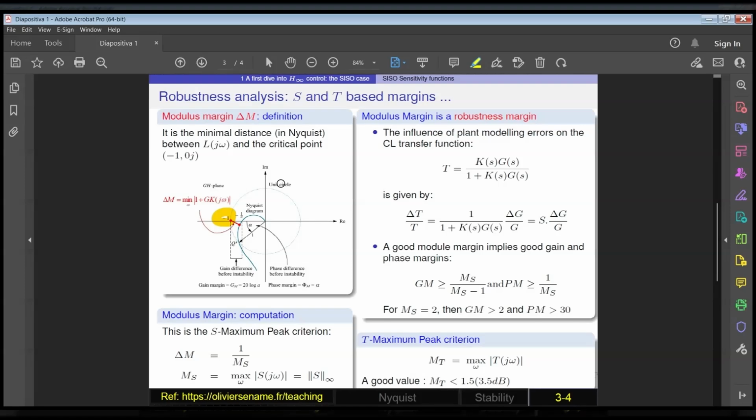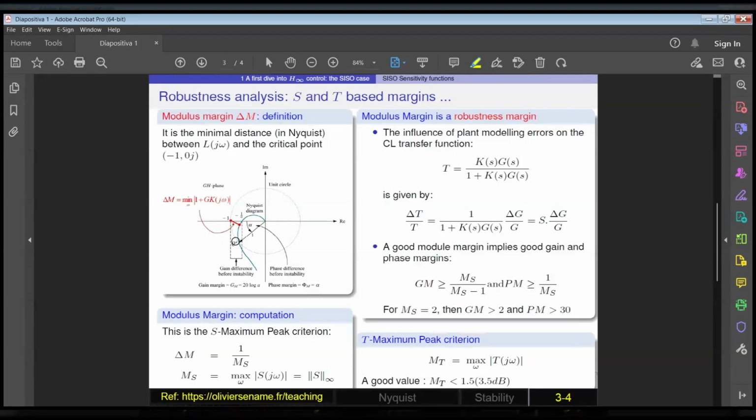Because if KG becomes equal to -1, then the denominator of the closed loop transfer function becomes 0. And 0 denominator means instability. That is why the point -1 is called the critical instability point.